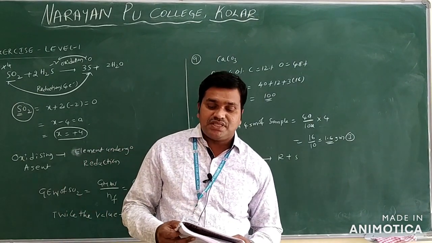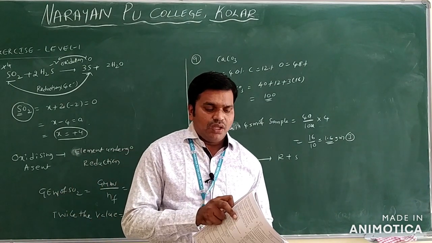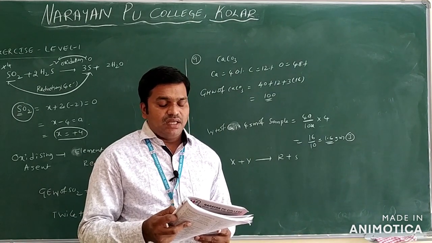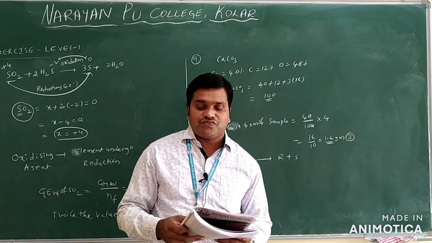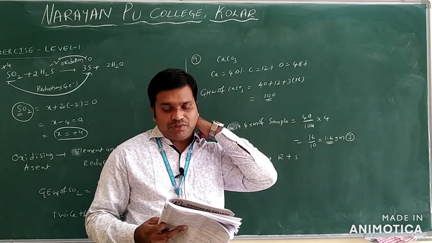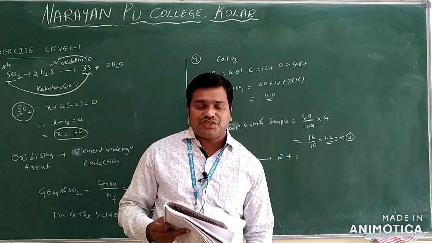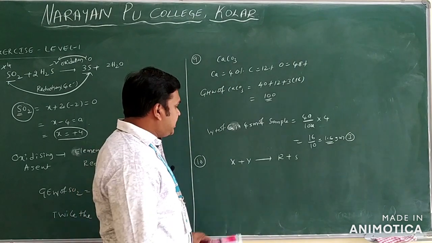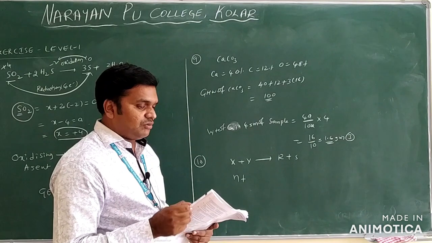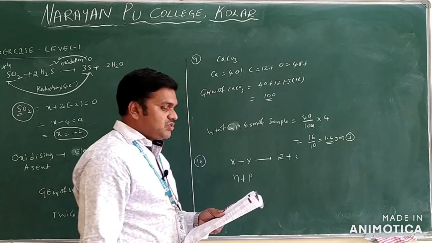N grams of the substance X reacts with M grams of the substance Y to form P grams of the substance R and Q grams of the substance S. This reaction can be represented by X plus Y is equal to R plus S. The relation which can be established in the amounts of the reactants and the products will be expressed in what manner?